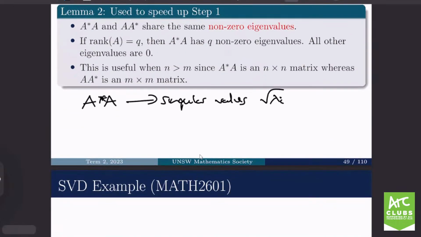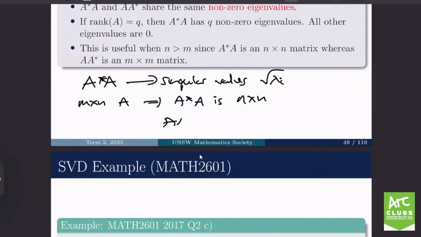So we know that if we have an m by n matrix A, this implies that A star A is n times n versus A A star is m times m. And we can also see that if n is larger than m, this will be a longer process.